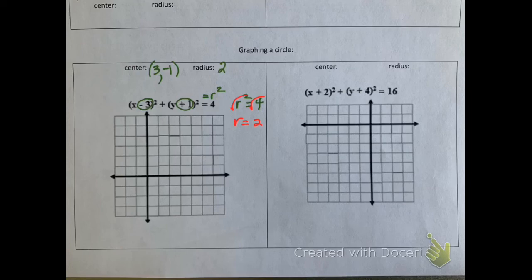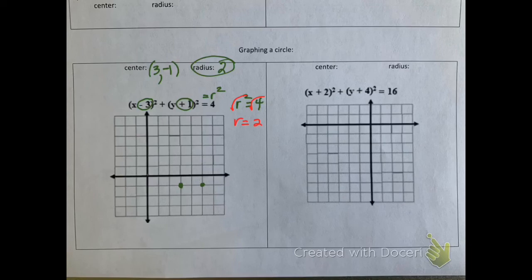So the first thing I'm going to plot is the center. So I'm going from the origin, 3 to the right, and then down 1. So here's my center. Then from there, I need to use a radius of 2 units. So from the center, I'm going to count 2 to the right.